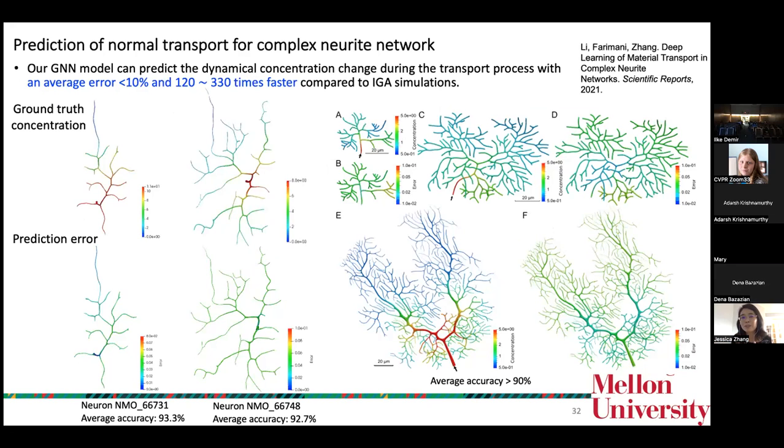So we tested a number of complex tree structures for the normal transport. We all got above 90% accuracy, and we can speed up 120 or even 300 times faster.